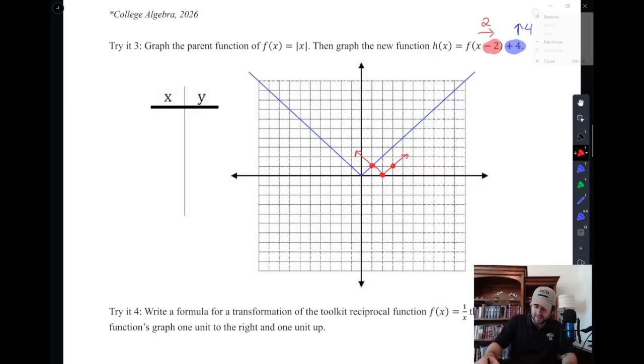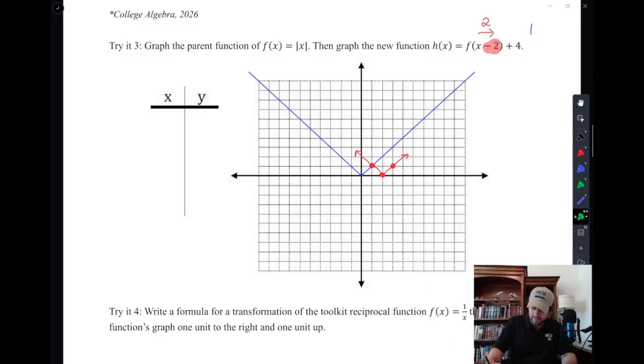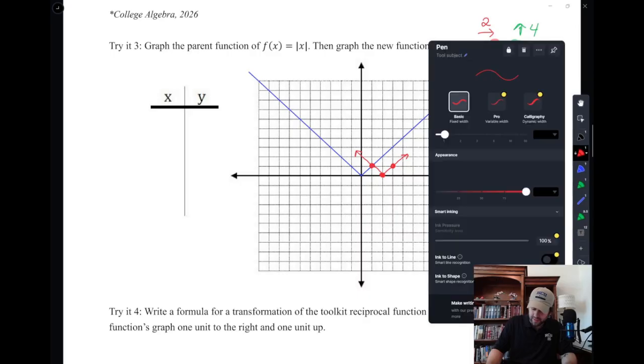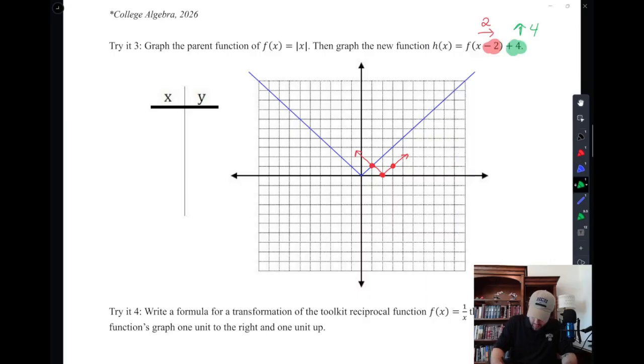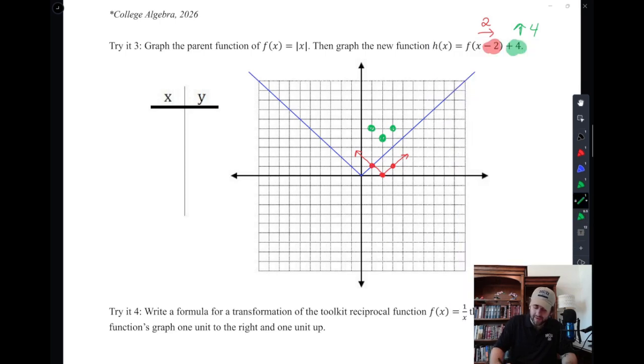And I probably should have made that a different color because we started with the blue function. So let's make it green. Up by 4 is now green, which means we go up by 4 with the green graph. And so all of my green points are going to be 1, 2, 3, 4, up by 4, up by 4, up by 4, and I'll draw some lines connecting those points since this is my final equation, or my final graph.